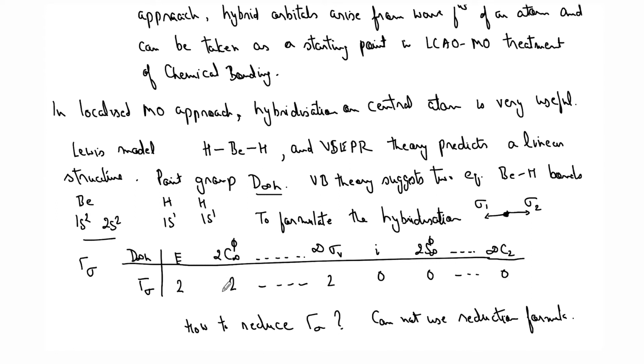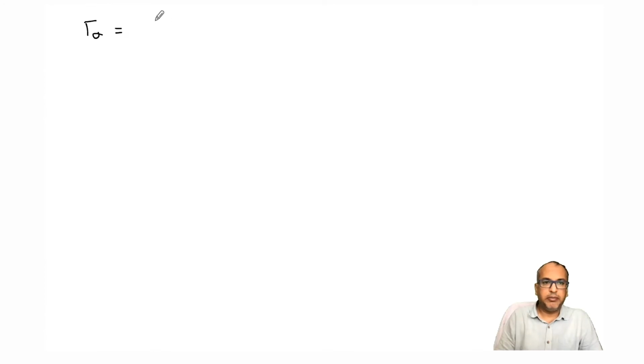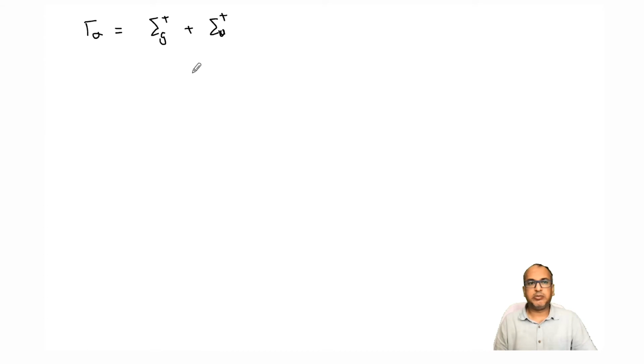However, by just simple inspection of the character table, we can see that if we create a sum of two IR representations, tau sigma can be broken down into sigma G plus and sigma U plus. This is by just inspection.